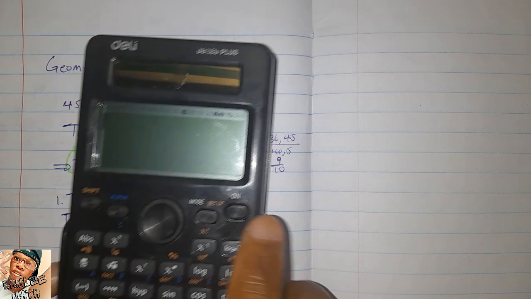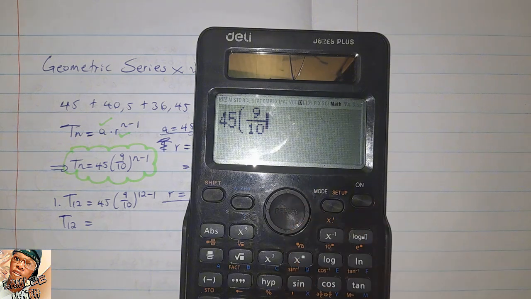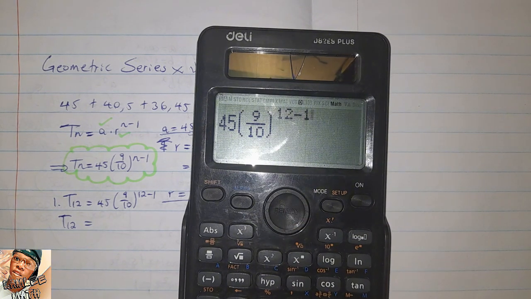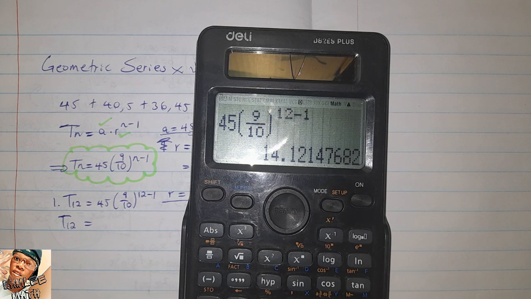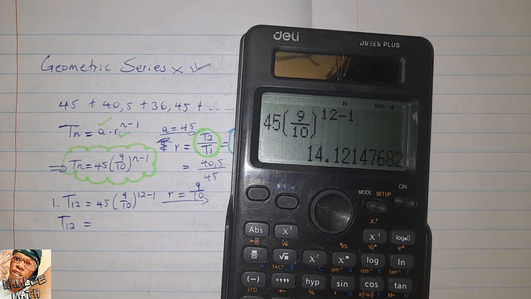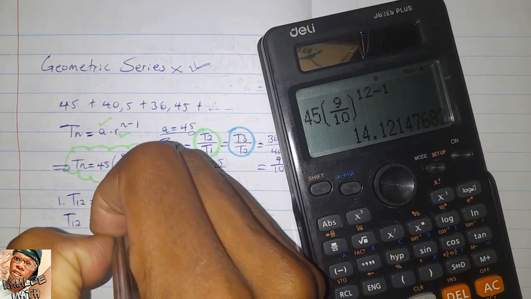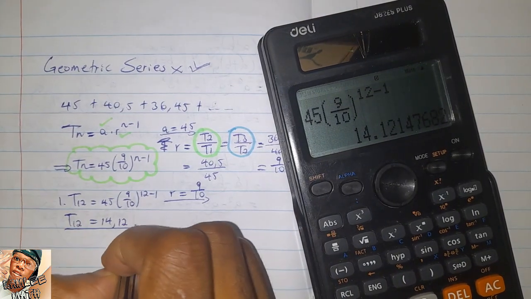Pressing our calculator, we get 45 multiplied by 9 over 10 to the power 12 minus 1. They said to correct it to 2 decimal places, so that's 14.12. So the answer is 14.12. That's T12.